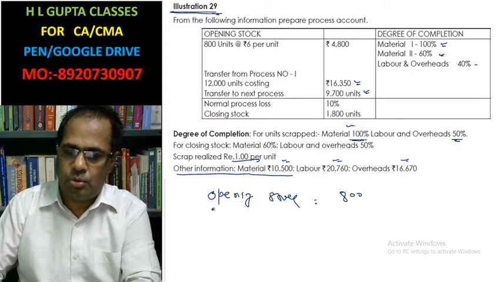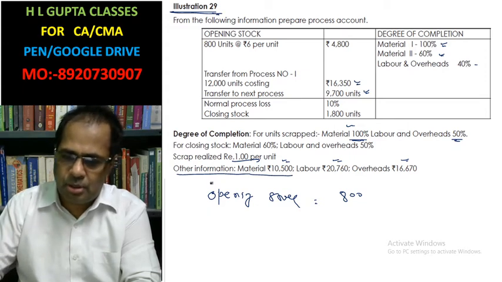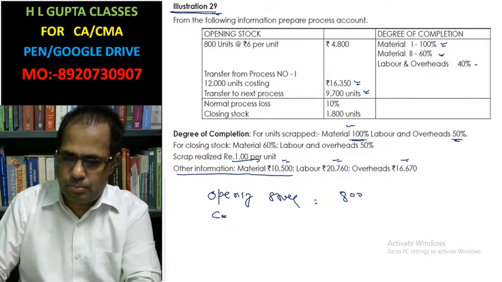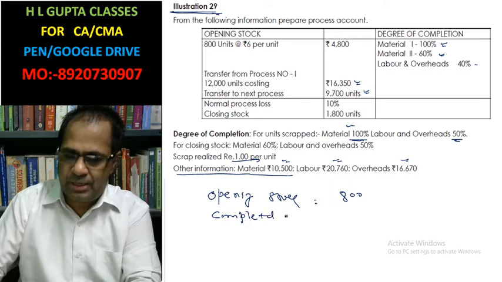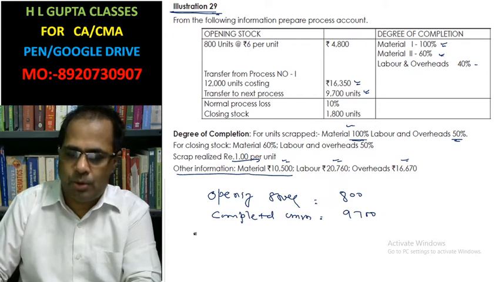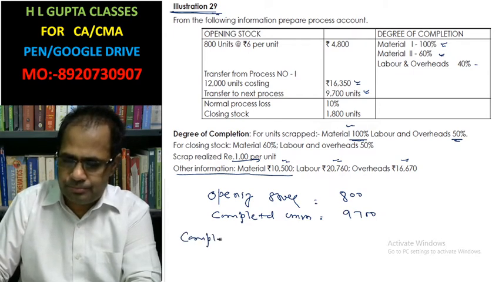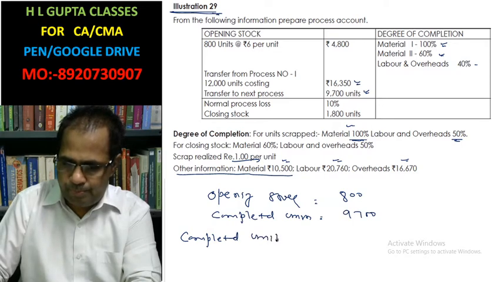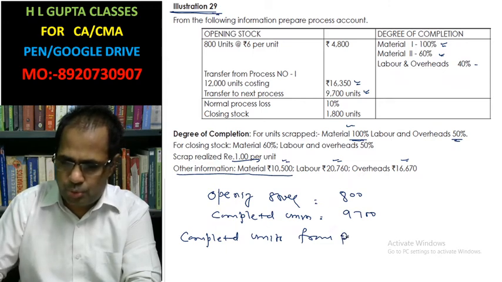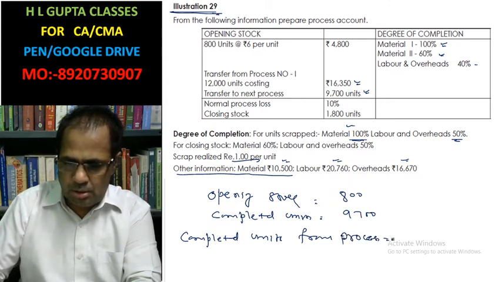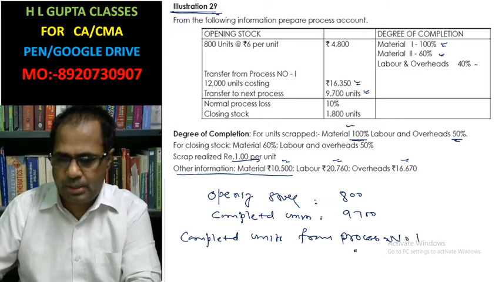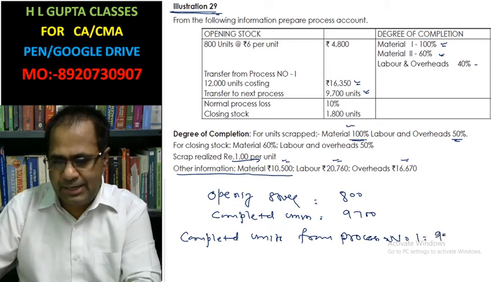Now completed units 9,700, from process number 1, 9,700 first.